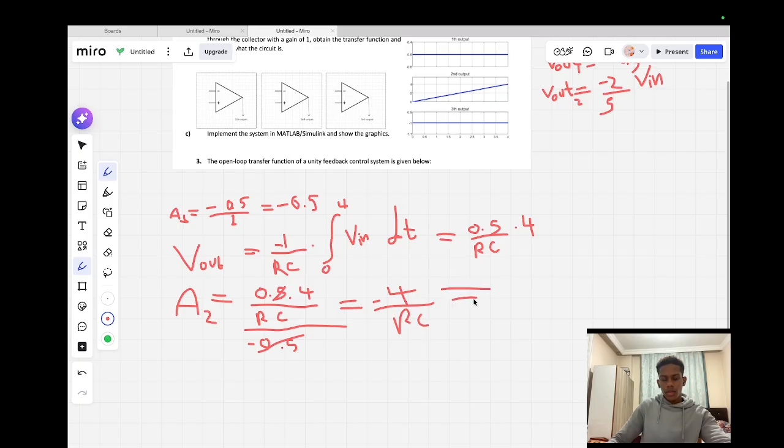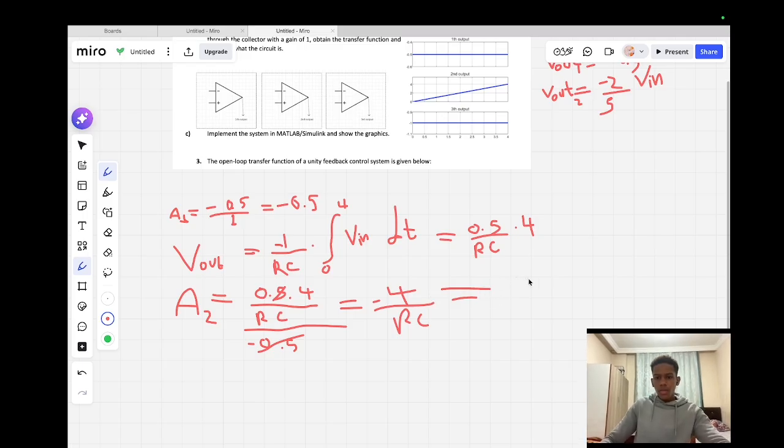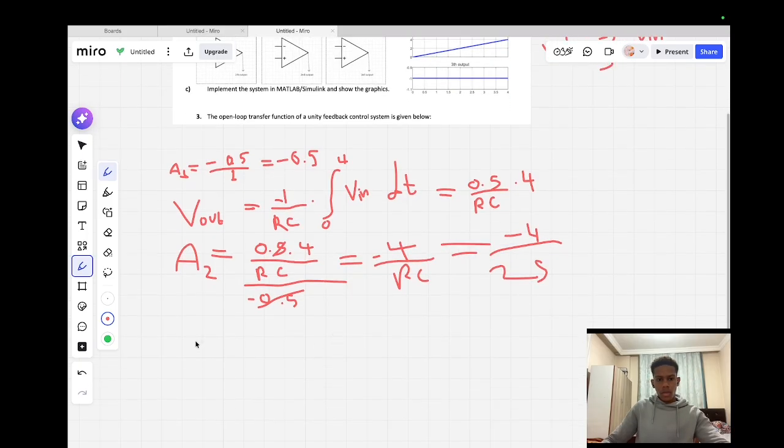And let's say RC equals 2 seconds. So AV2 equals minus 2 over s.